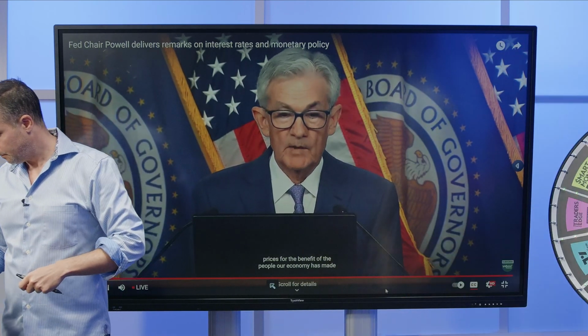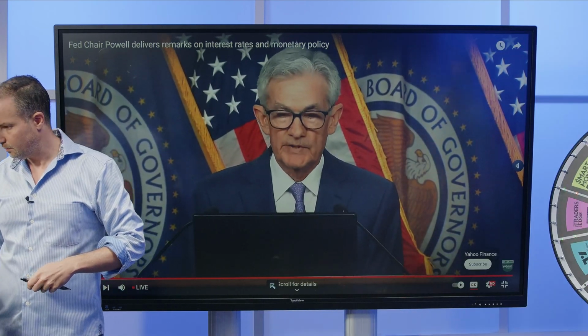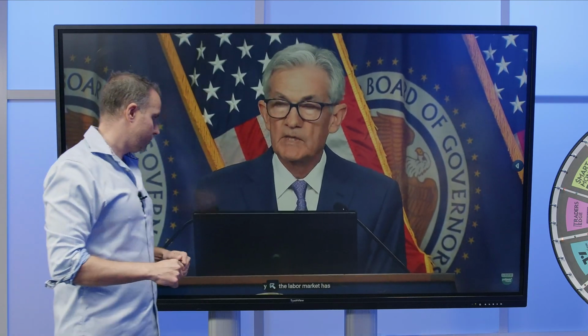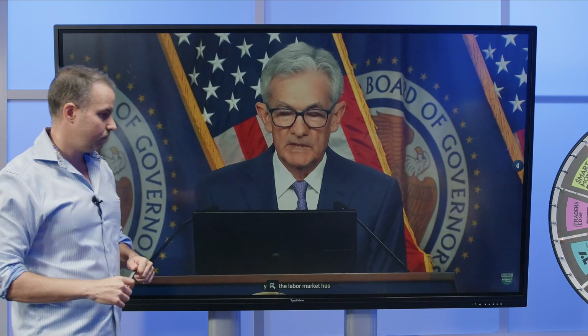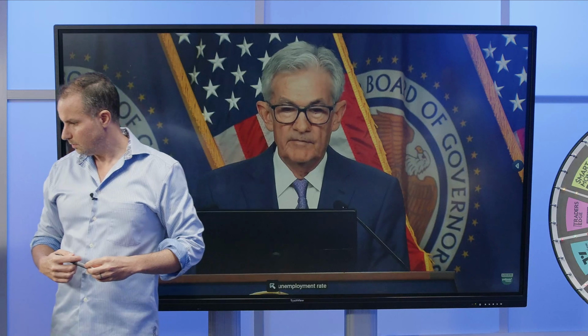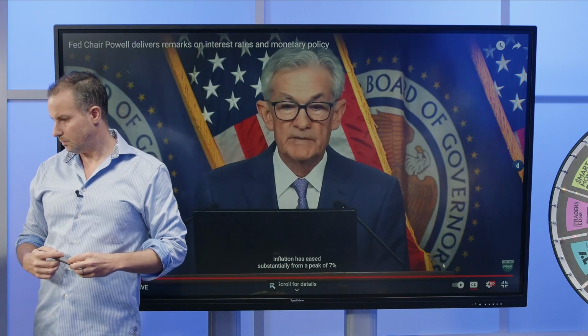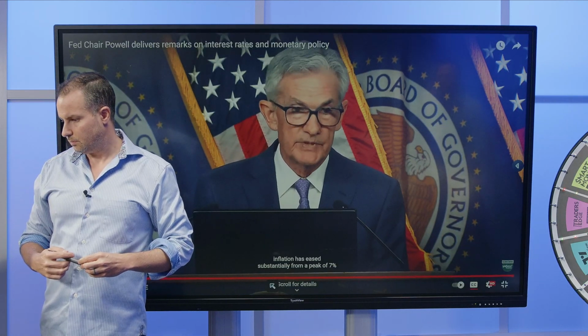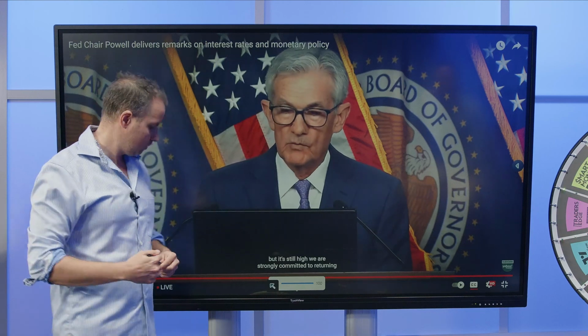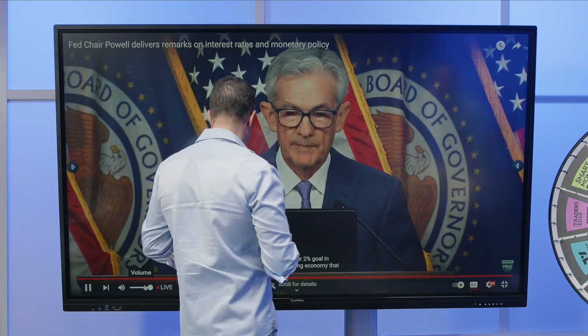Gotcha. There we go. Our economy has made considerable progress toward both goals over the past 2 years. The labor market has come into better balance, with continued strong job gains and a low unemployment rate. Inflation has eased substantially from a peak of 7% to 2.7%, but is still too high. We are strongly committed to returning inflation to our 2% goal in support of a strong economy that benefits everyone.